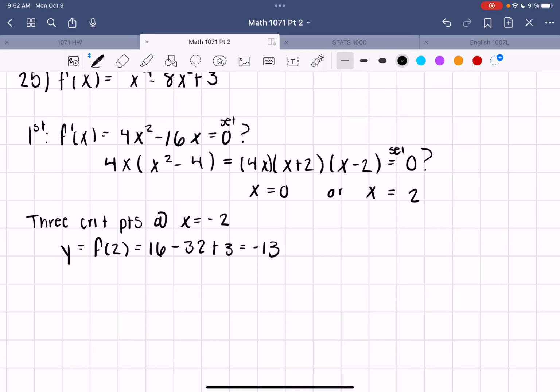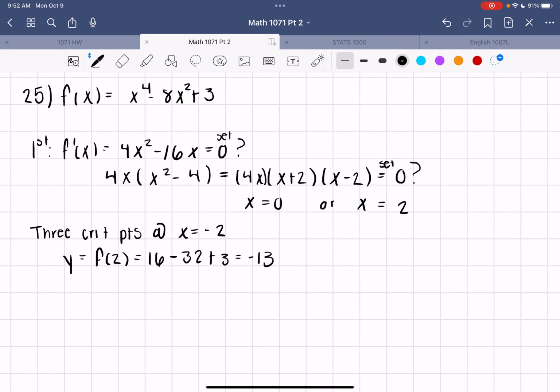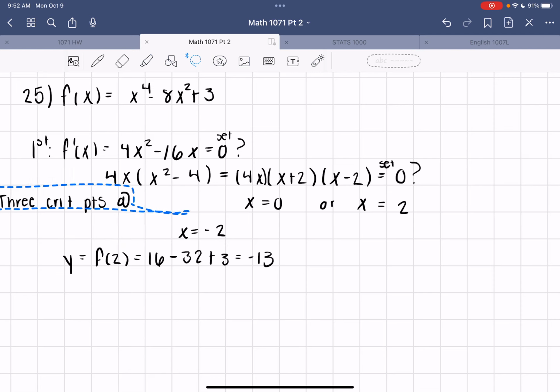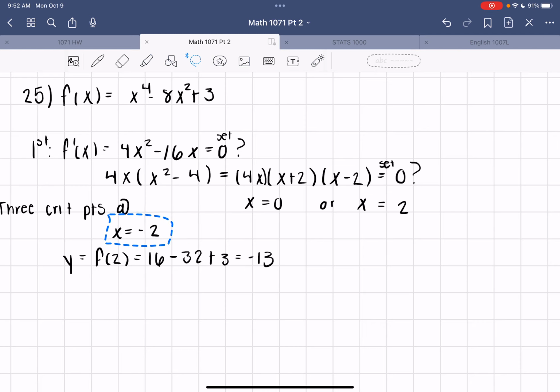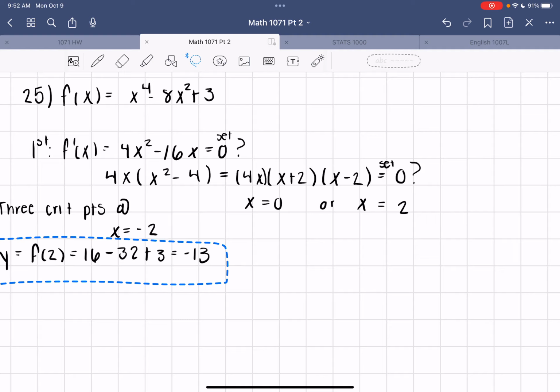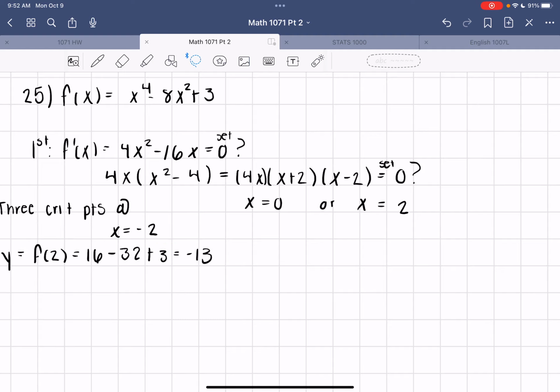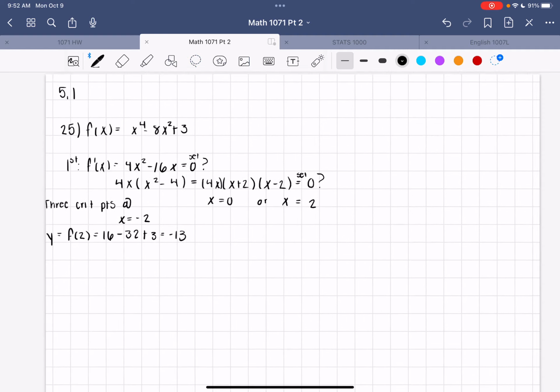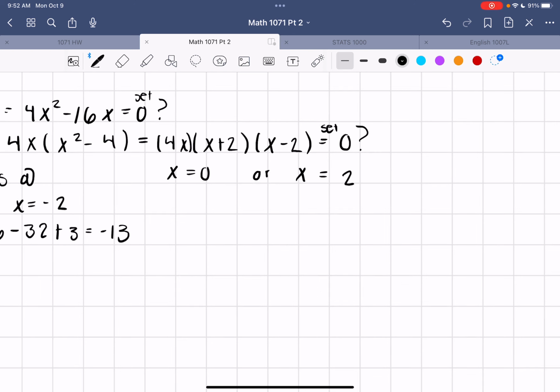So at negative 2, I have negative 13, right about there. And when x is 0, y is 3, right about there. And when x is 2, y is negative 13.